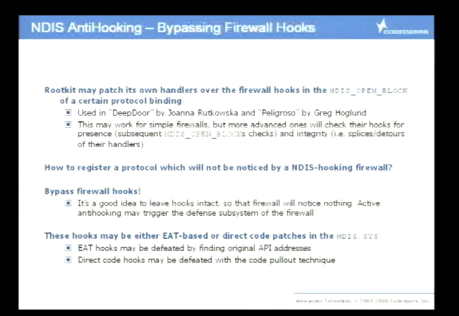As I mentioned before, the techniques that a firewall may use to hook NDIS could be either export table based or direct code patches based. As for export table hooks, they may be defeated by finding original API addresses in the NDIS image driver. Direct hooks may be defeated with the code pullout technique, which I'm going to discuss later.